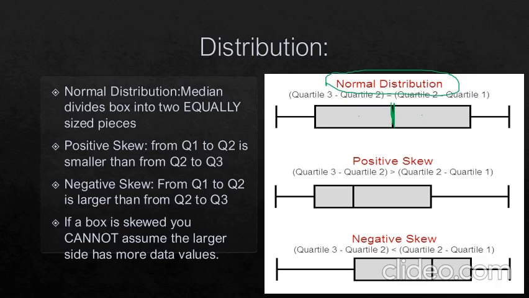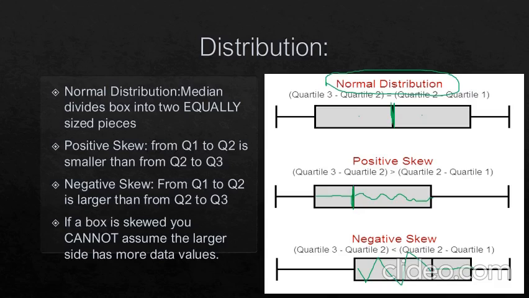If you have one that is positively skewed, this is still my median, but now the distance from Q1 to Q2 is a lot smaller than from Q2 to Q3. If it is negatively skewed, it's the opposite. Then we will have from Q2 to Q3 being the smaller part of the box, and from Q1 to Q2 being the larger part of the box.